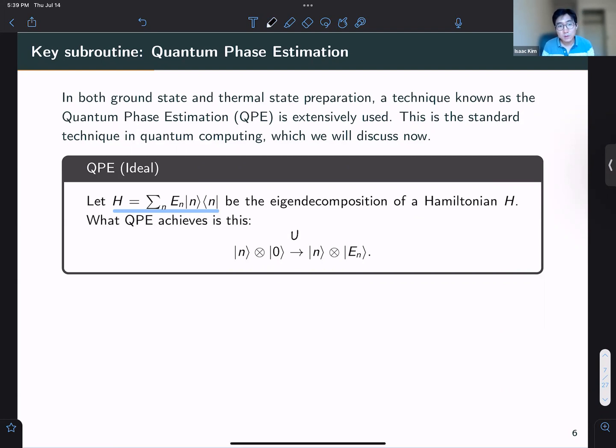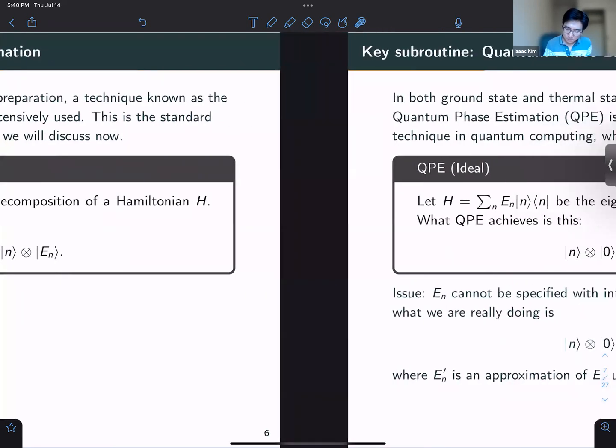After that unitary transformation, I obtain a new state. The state |n> remains as is, but the state |0> is changed to something else. It gives you essentially the energy up to some proportionality constant. That's what quantum phase estimation is trying to achieve. It's some unitary transformation that, given H, somehow reads off the energy corresponding to this energy eigenstate.